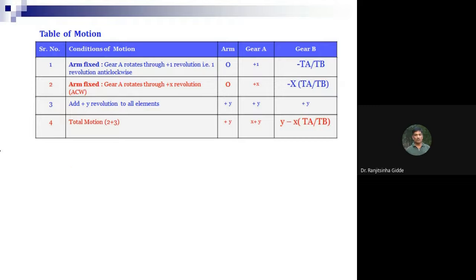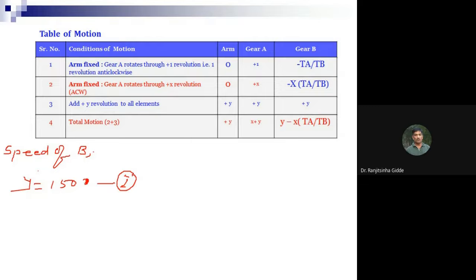So again, for this condition, we need to find the speed of gear B. For the arm, that is as it is, y is equal to 150. This is the first equation. And what is the second equation?